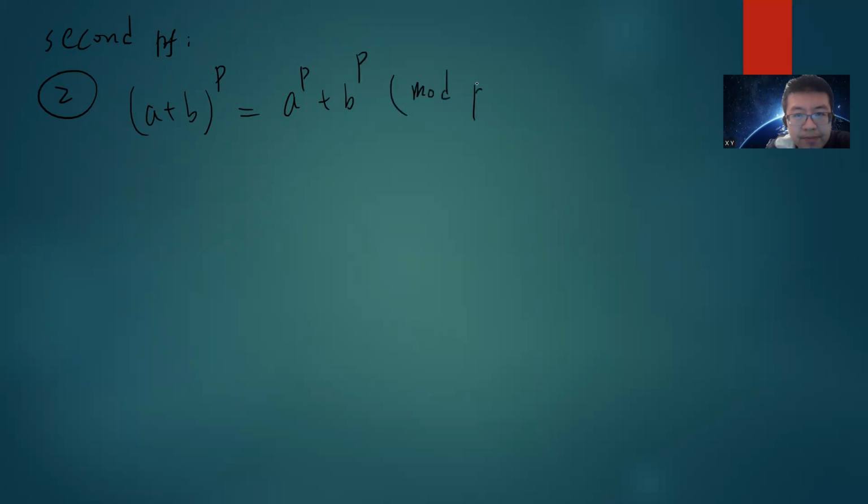Now the second proof, using the binomial coefficients. The idea is the following. One can check that (a plus b) to the p equals a to the p plus b to the p mod p.